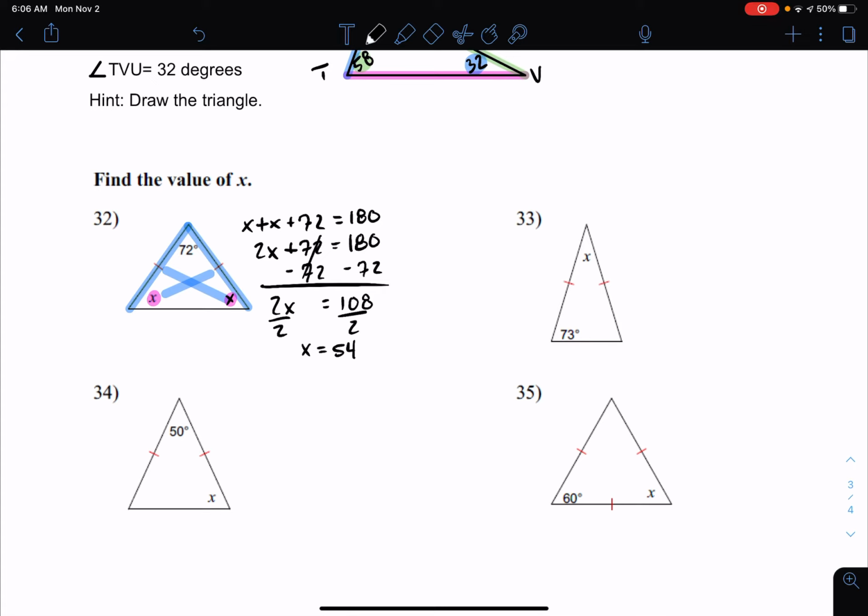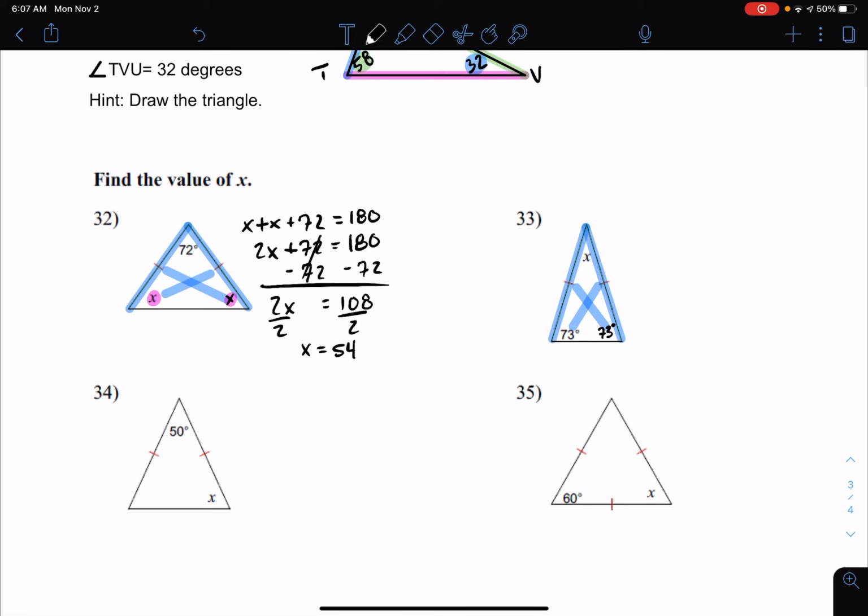All right, number 33. I'll do this one, and then you guys can most likely do the rest. So this guy here is the same as this guy here, according to the red tick marks. So if that's the case, the corners that are opposite those are the same. So if that guy is 73, then this guy down here is also 73.